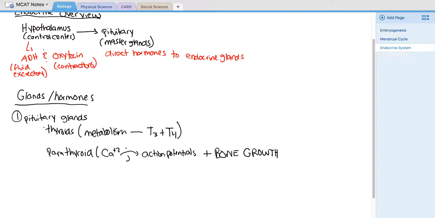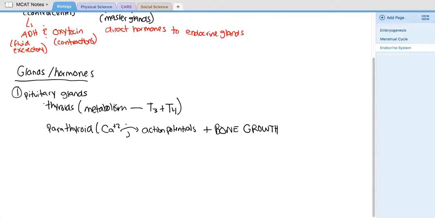All right, so your next glands are going to be the adrenal glands. You're going to have two types.